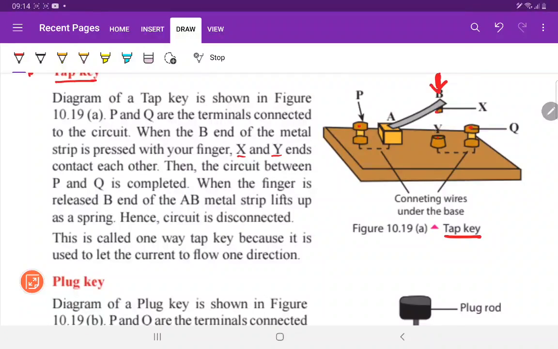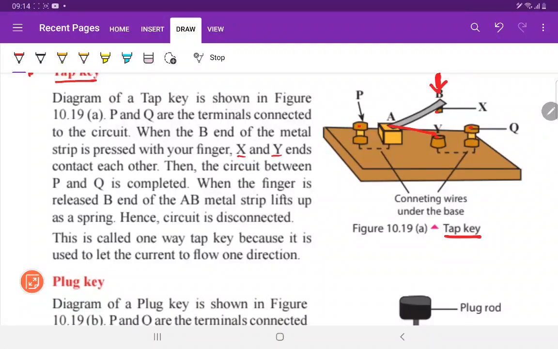Here, see, this is the X end and this is the Y end. Then the circuit between P and Q is completed, so there will be a flow of electric current.